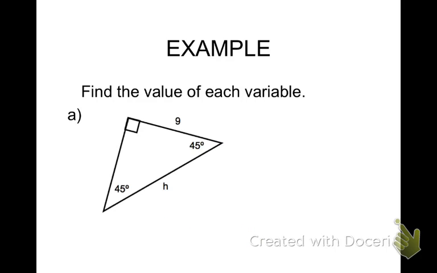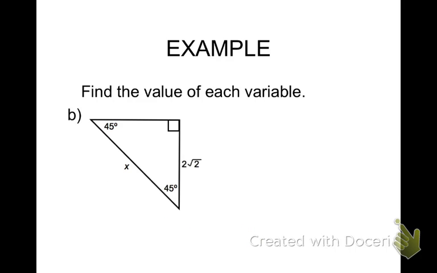We look at the second one. We're solving for x. Is x a leg or a hypotenuse? Is the hypotenuse still opposite that right angle? So my leg length is what? Good. So I'm going to take my leg length, I'm going to multiply it by the square root of 2. So my leg is 2 square roots of 2, which then I'm going to multiply by a square root of 2.